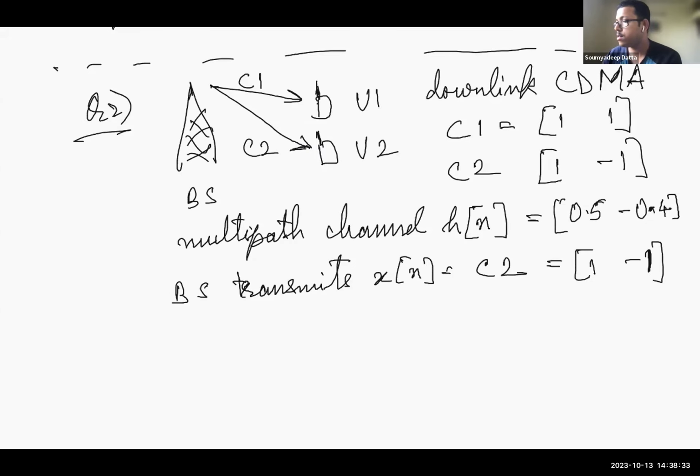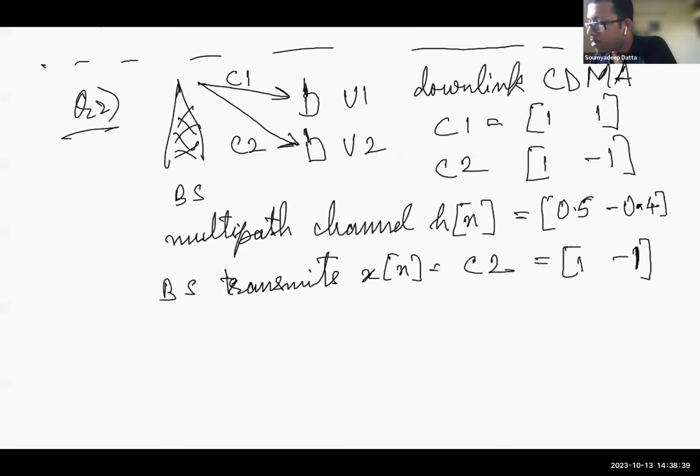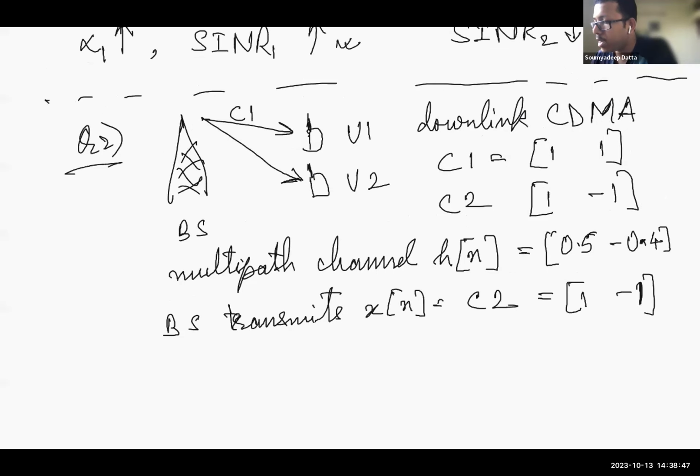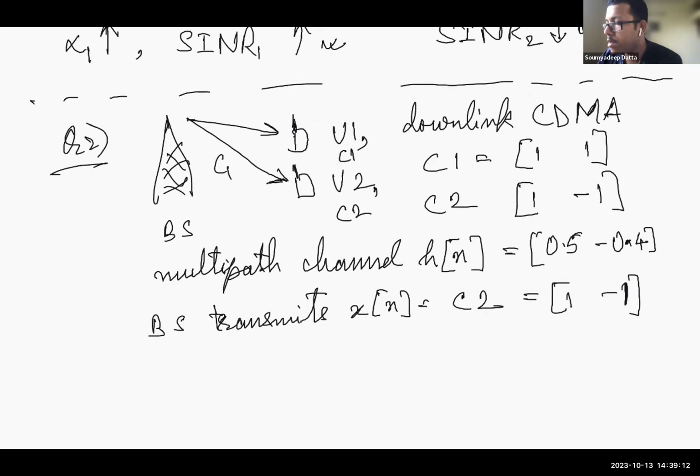Sorry, my bad, I wrote it the wrong way. The user 1 has its designated code C1, and user 2 has designated code C2. The base station is transmitting the same code to both of them. In this case the base station transmits C2 to both, C2, C2.